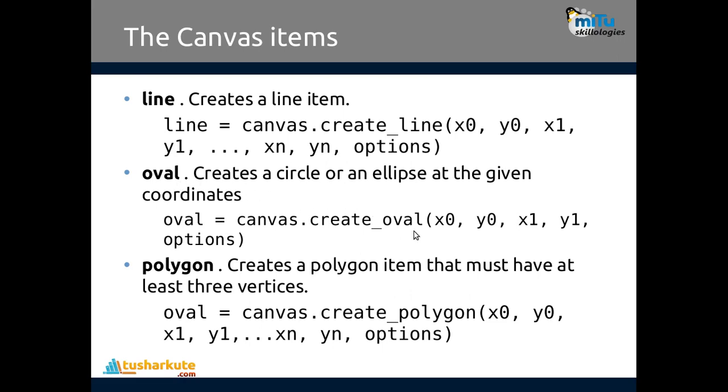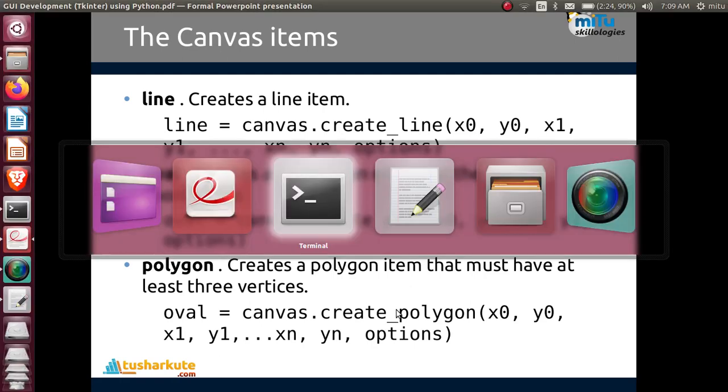Then oval, which creates an oval or circle fitting in a particular rectangle, starting x, y and ending x, y. Then polygon. A polygon must have at least 3 vertices, and above that any number of vertices: x0, y0, x1, y1, x2, y2, x3, y3. Such options are possible, and we can create these controls on the screen.